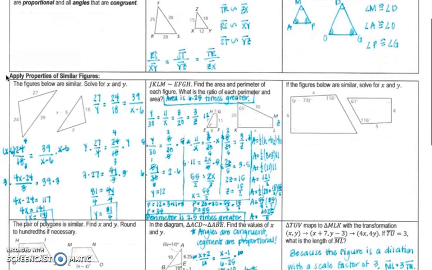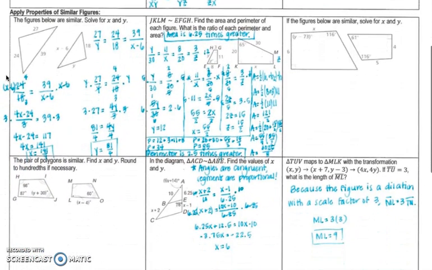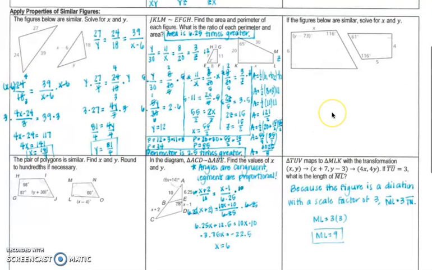All right, applying properties of similar figures. First of all, I did not realize how small I made these boxes for what I was asking until I attempted to do them myself, so I apologize. What I do want to make very clear is that I use tons of fractions because fractions are awesome. Fractions are numbers too, and we love fractions. I hate decimals, so unless you are told to use decimals, please leave everything as an improper fraction.